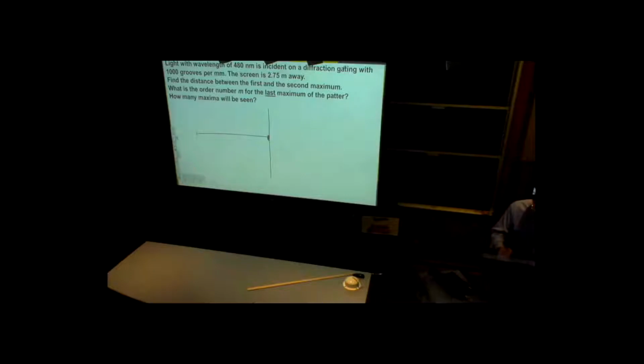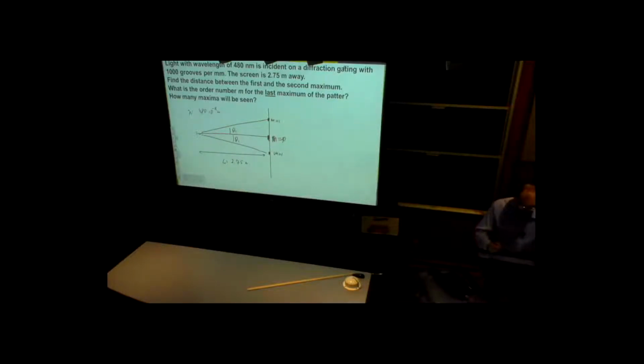So we always should see a central maximum right across it, and the first, theta 1, on both sides, maybe the second, third, etc. The distance from the grating to the screen is 2.75 meters. The wavelength equals 480 nanometers.